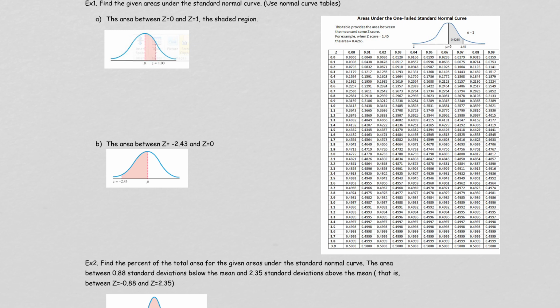This one right here shows the area under the curve from the mean to the point. Since this one is starting from the mean to the point, that point is going to be 1, right? So it will be 1.0.